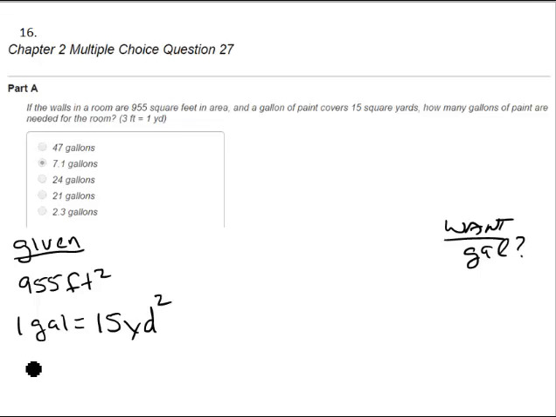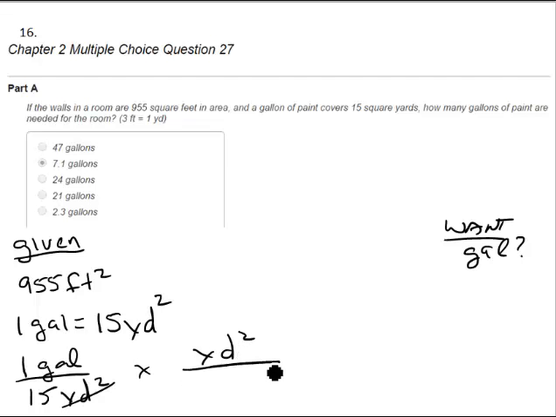And so that has to start on top. So I have 1 gallon for 15 square yards, and I need to cancel square yards. So that has to go on top, yards, and I have to get feet down here. And what is that?